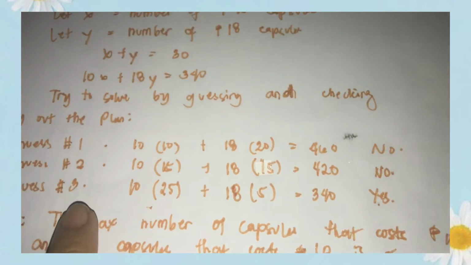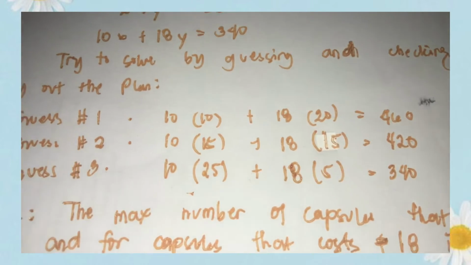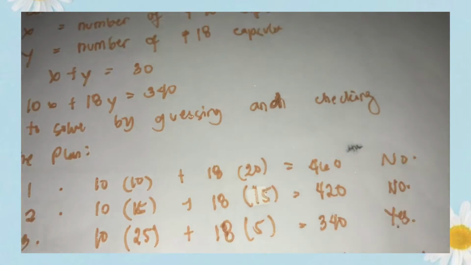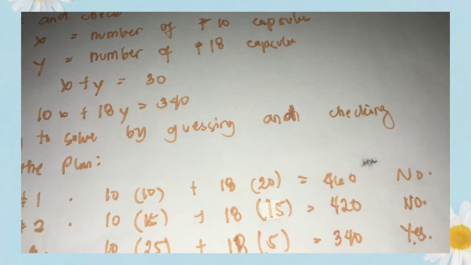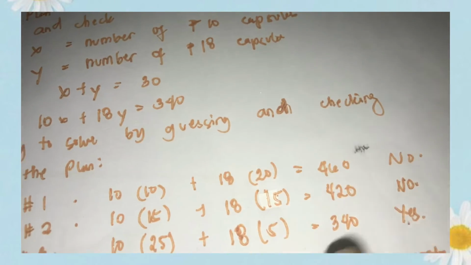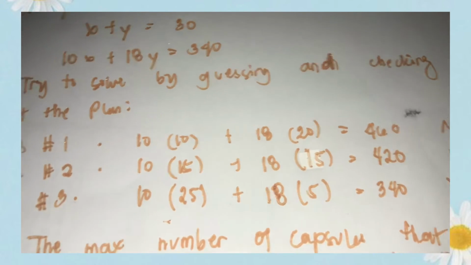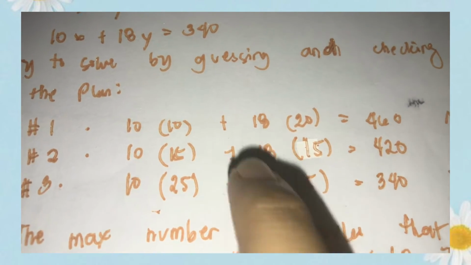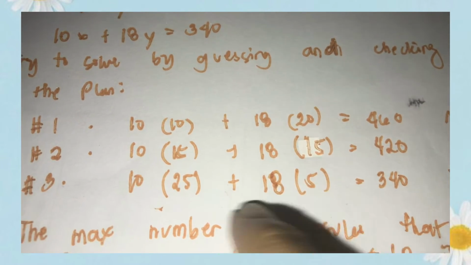For the third guess, I thought of another pair of numbers that add up to 30 and, when multiplied by 10 and 18, will result in 340.